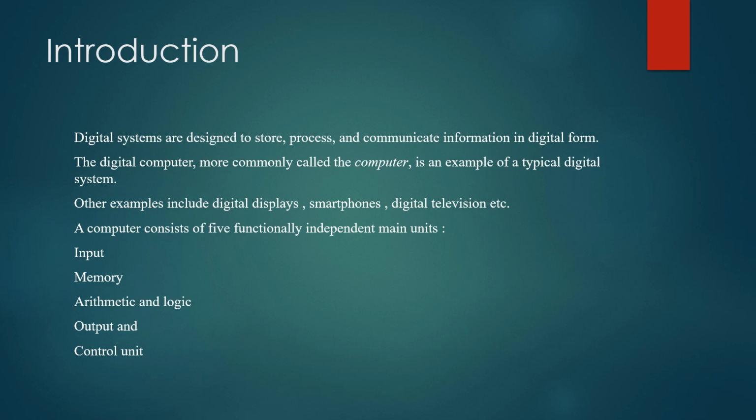The input unit accepts information from input devices or digital communication lines. Once received, the information is stored in memory so that it can be processed by the processor to perform arithmetic and logical operations. Once the operation is completed, the result is sent through the output unit to the outside world. All of the actions are coordinated by the control unit.